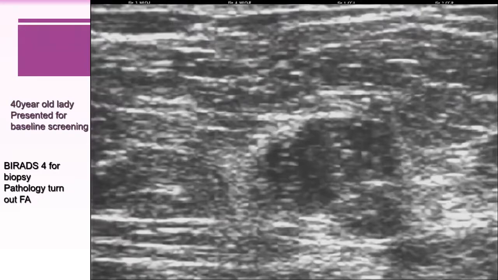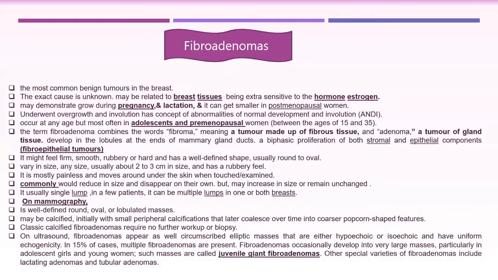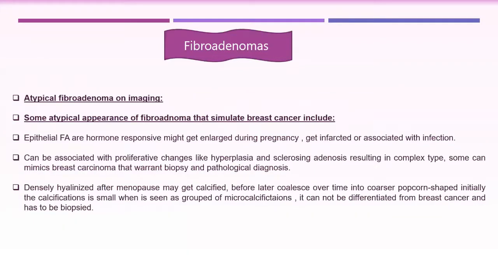So sometimes fibroadenomas, though typically benign lesions and just for follow-up, in certain situations fibroadenoma can be atypical. When it is atypical, we have to recommend biopsy. Epithelial fibroadenoma usually is hormone responsive, especially in a pregnant lady, and might get infarcted or infected. And fibroadenoma also can be associated with proliferative changes like hyperplasia or sclerosing adenosis, resulting in a complex type.